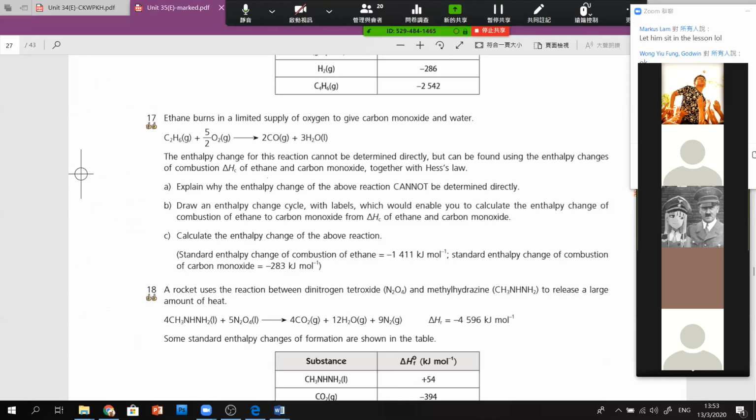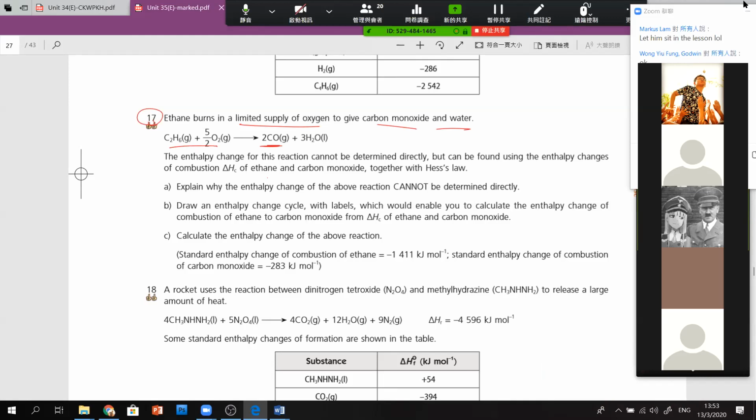And for the others, senior brothers, don't let Godwin finally understand earlier than you. 17: ethane burns with a limited supply of oxygen to give carbon monoxide and water. Very strange reaction. You will see the products, carbon monoxide and water. So the enthalpy change for this reaction cannot be determined directly. It can be found using the enthalpy changes of combustion of ethane and carbon dioxide together with Hess's law.